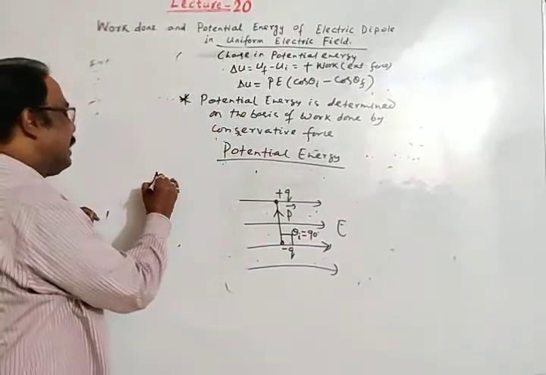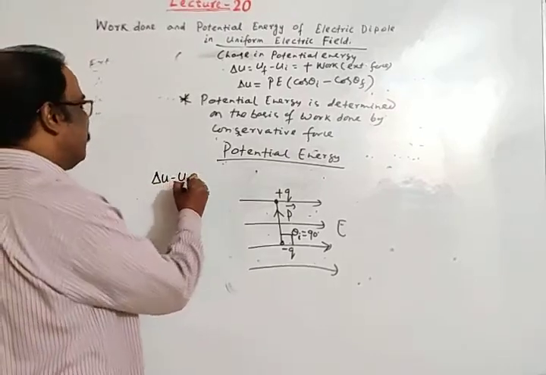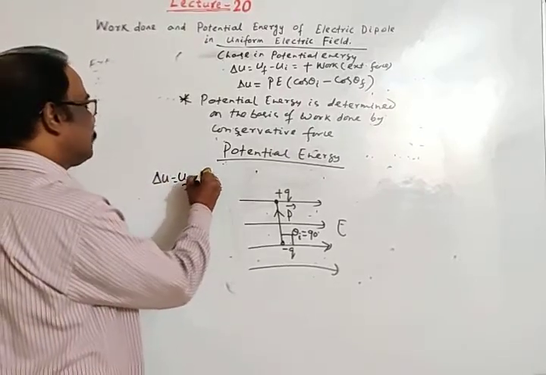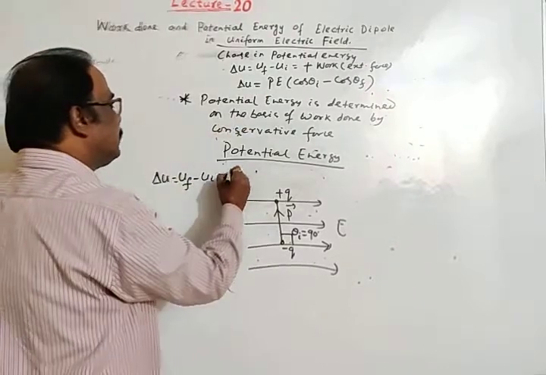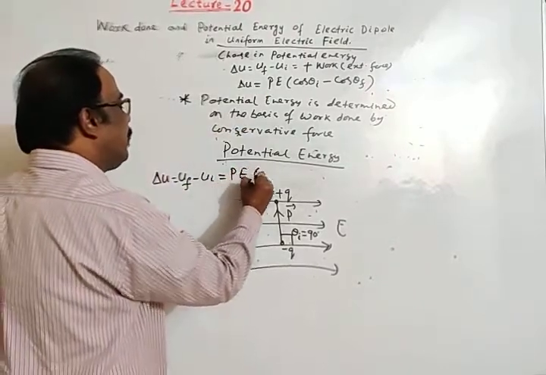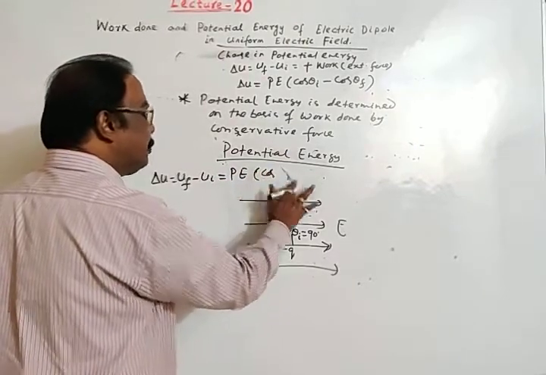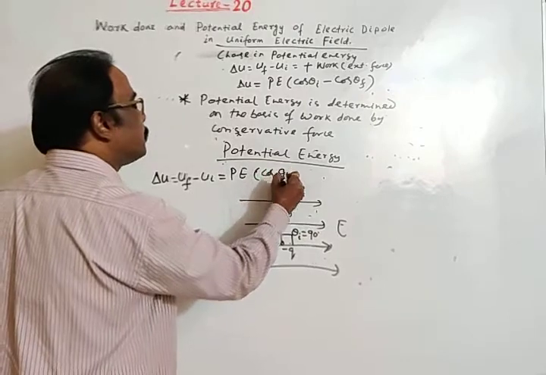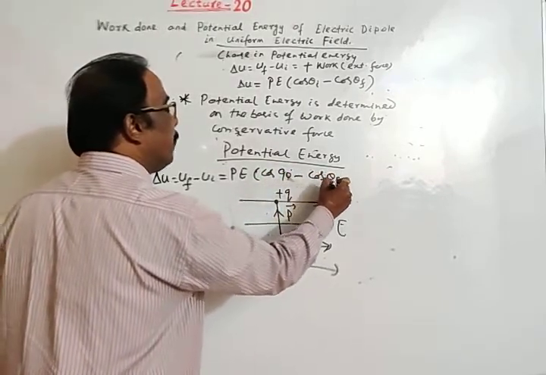If theta is 90 degrees, we may take the initial angle as 90 degrees. Then the change in potential energy is the final potential energy minus the initial potential energy, which is PE cos theta I minus PE cos theta final, where theta I is the initial angle, 90 degrees.